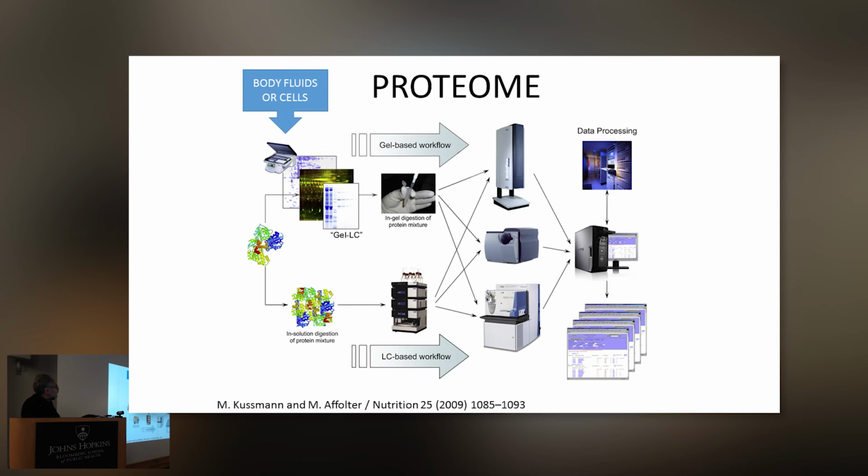Now, this can, of course, be expressed as a proteome and observed as such. This is not a field I'm expert in, but there are really very beautiful and sophisticated methods to do this. And I know here at Johns Hopkins there's great capability in this field.